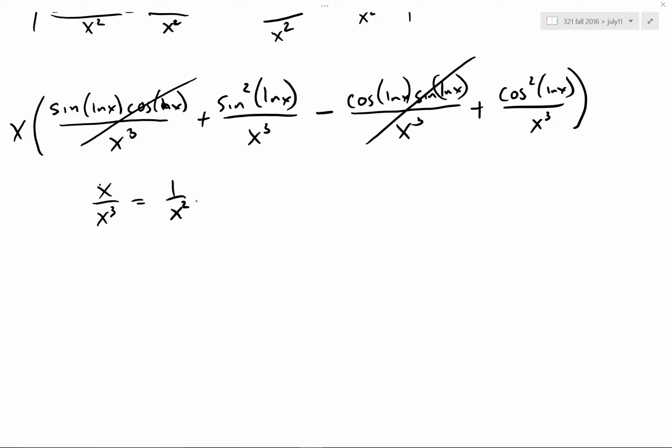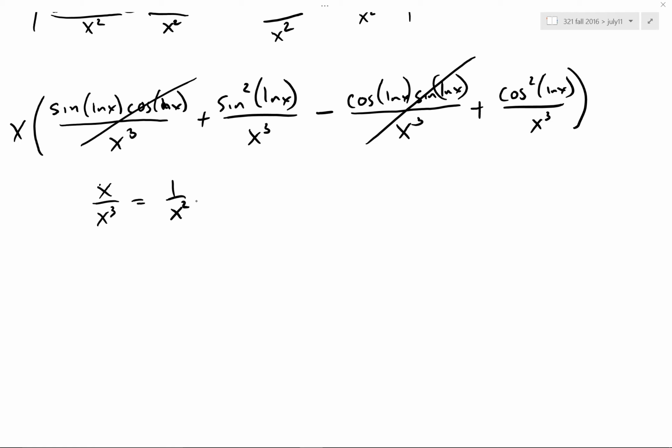And then my third minor is going to be sine ln of x times, and then it's going to be 1 and 0 again, and then negative sine ln x over x, and then sine ln x over x squared minus cosine ln x over x squared.